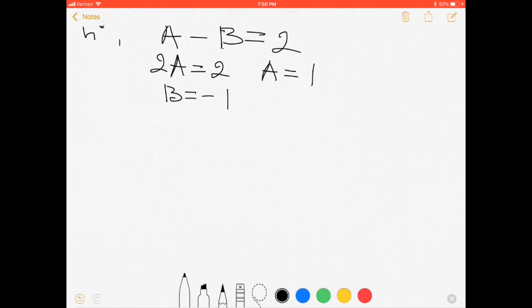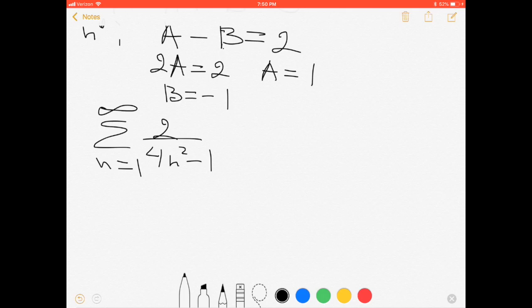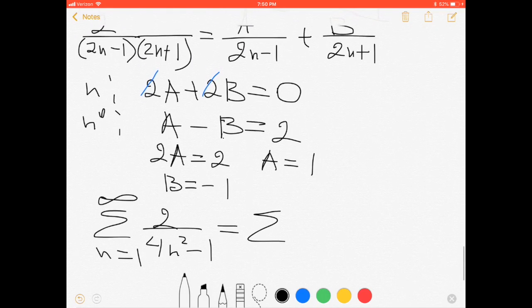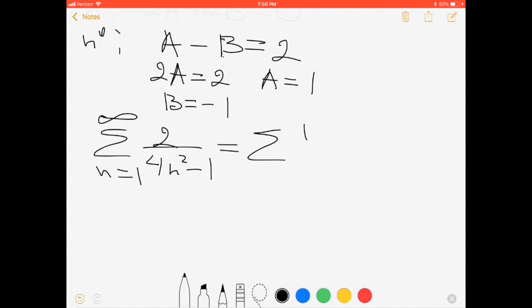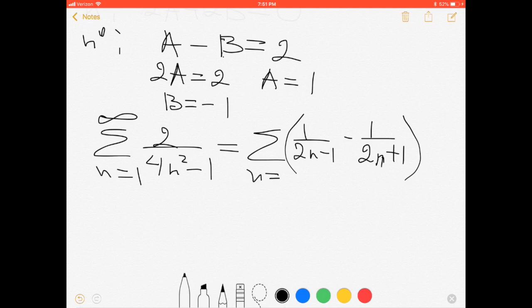Now our series, sum of 2 over 4n squared minus 1, starting with 1 to infinity, is the series of 1 over 2n minus 1 minus 1 over 2n plus 1, from 1 to infinity.